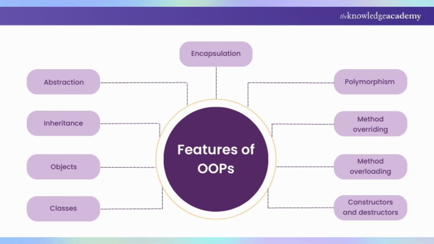It's a diagrammatic representation. Class, object, inheritance, polymorphism, encapsulation, late binding, message passing, constructors and destructors, code reusability.